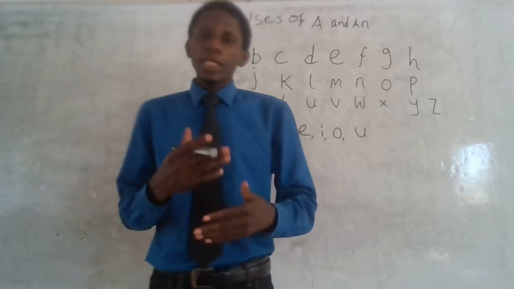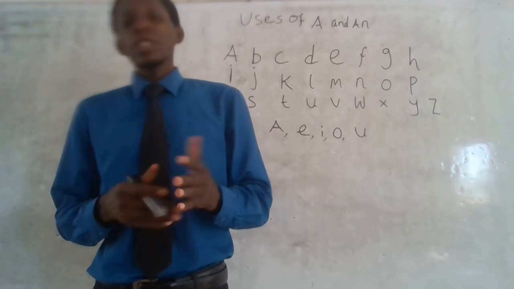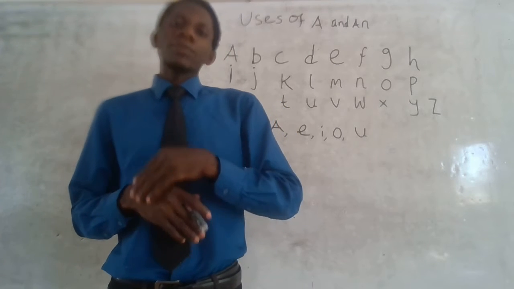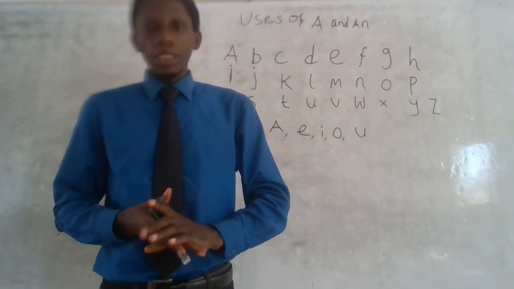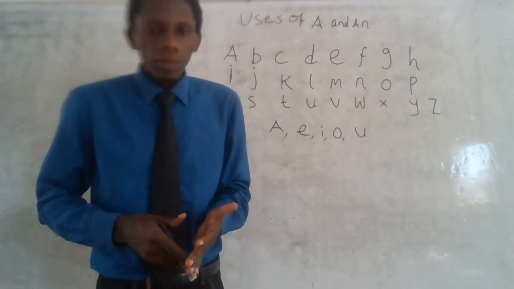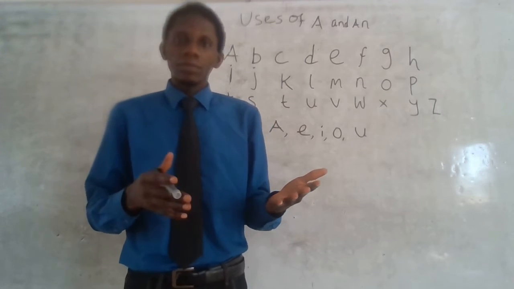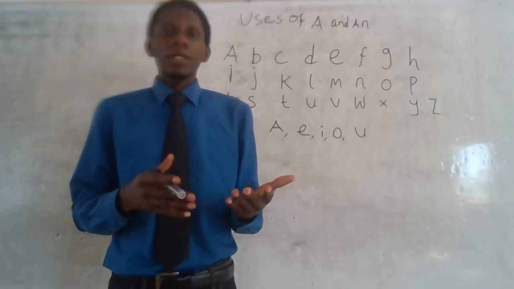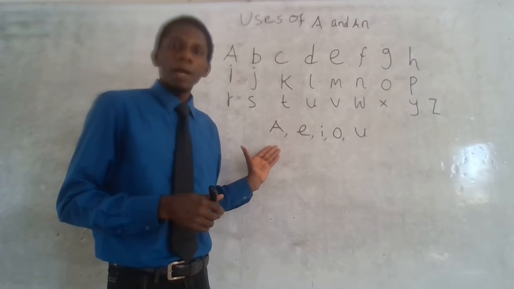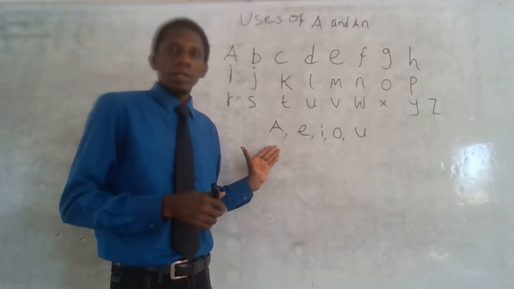Okay, so what I'm saying is that we use the article a when a word begins with a consonant sound. For example, a car. You can see that A is a vowel, right?